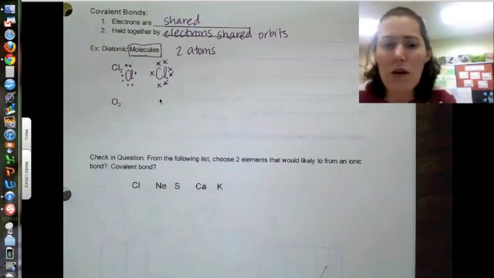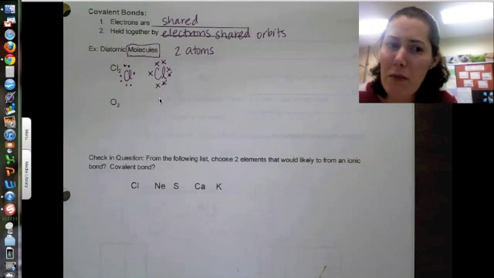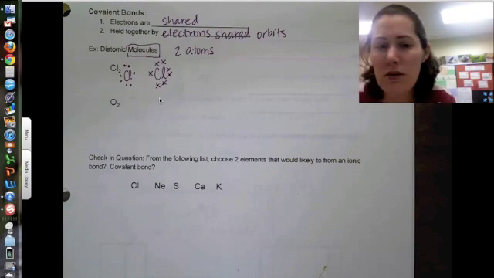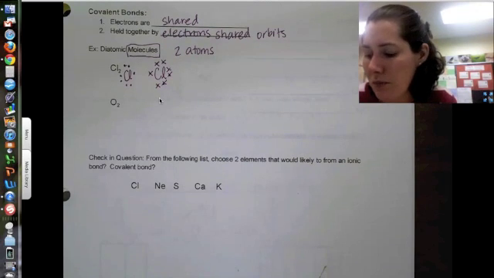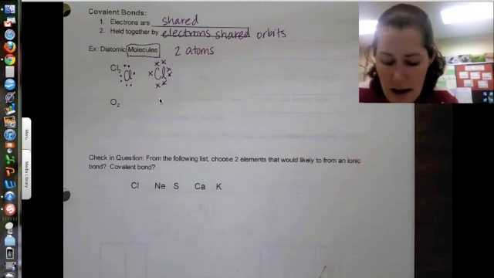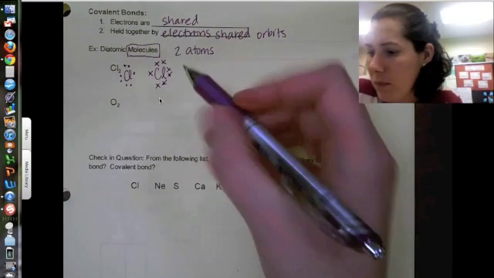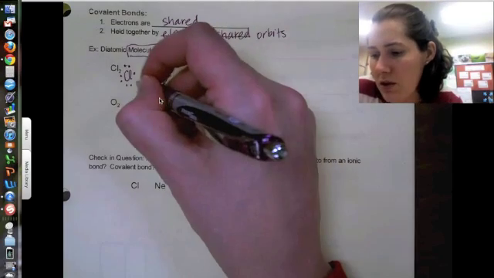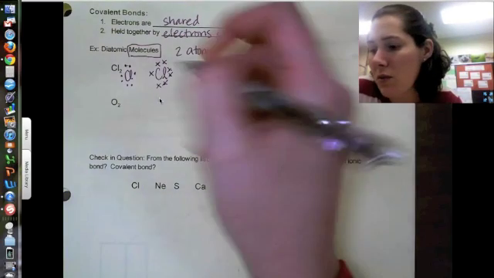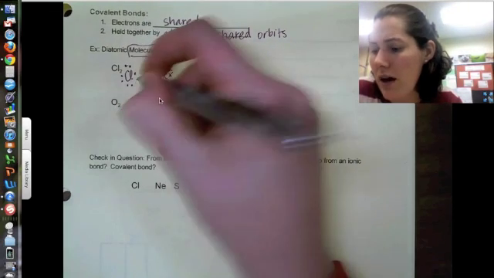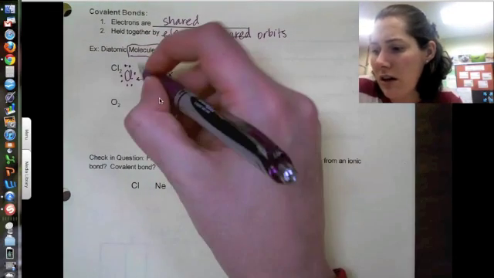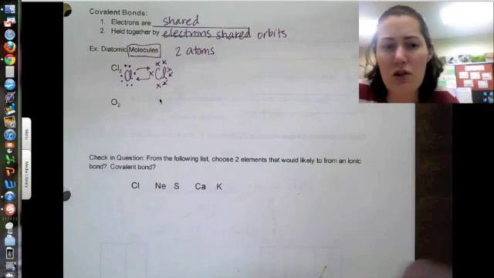Okay, so you already remember that we like octets. This is no different for covalent bonds. The atoms still want to have an octet of electrons surrounding them. And so what's going to happen here is, well, you probably see that there's a location that this one would really like to share another electron. And so that electron can be shared here, and this electron can be shared here.